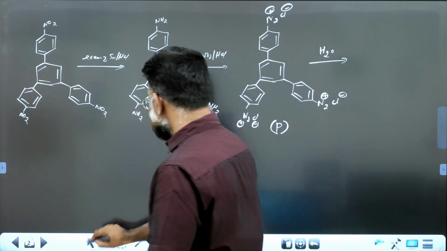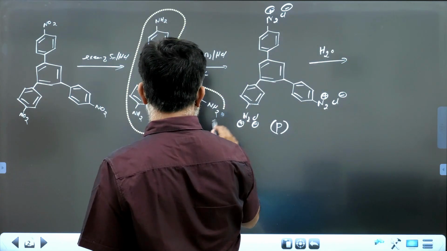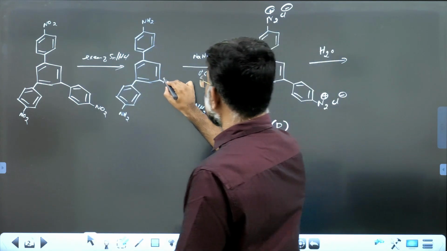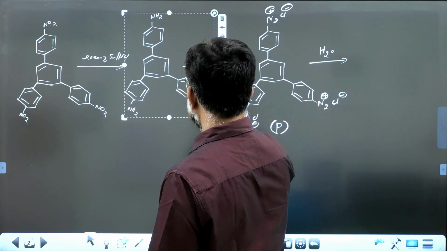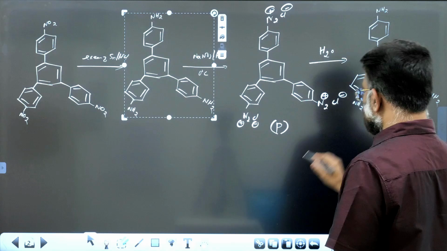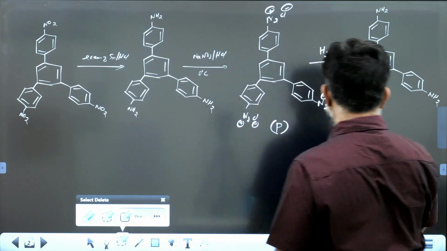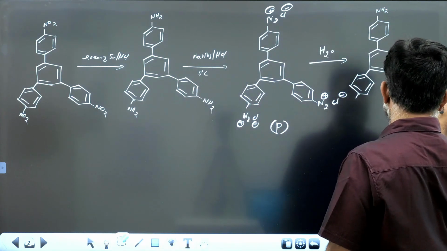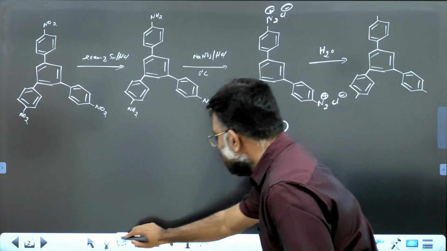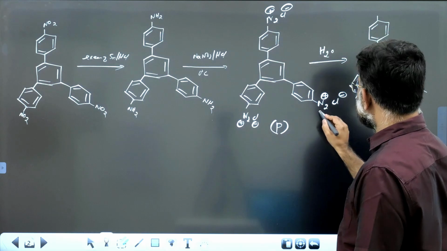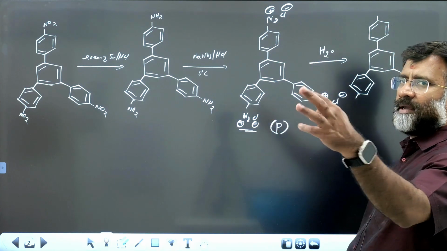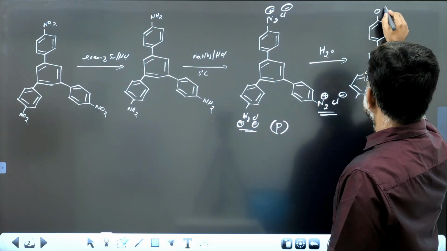The N2+ Cl- will be expelled and you will get phenol. See that each of this group will escape: N2, N2, N2. 3 N2 will escape and you will get phenol.